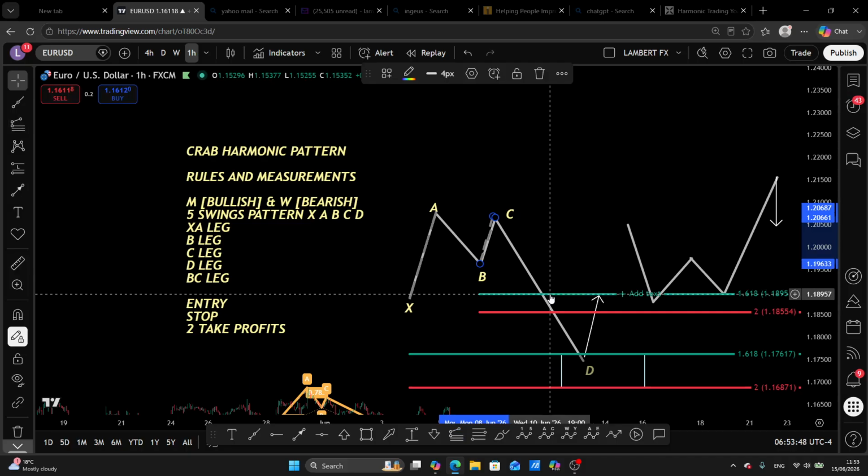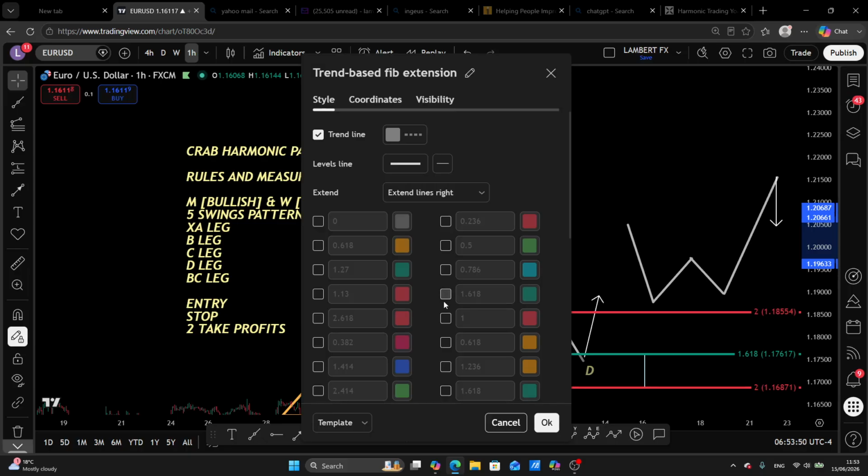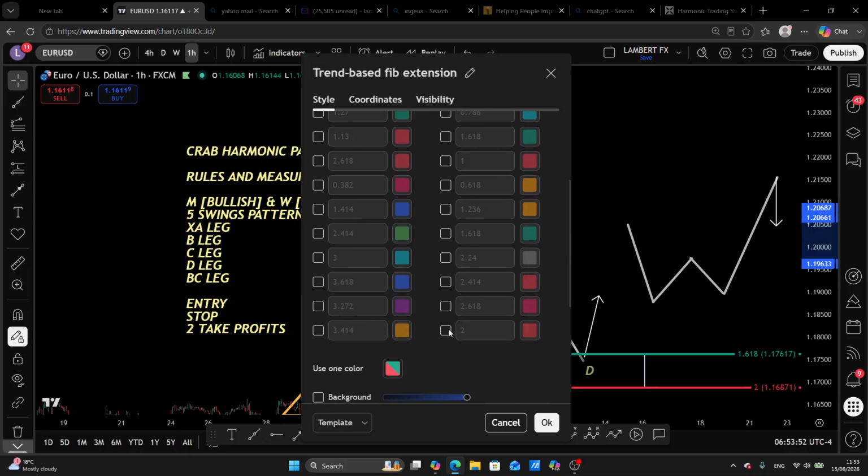So if I double click this now, I get rid of 1.618, I get rid of the 2. I need one of those numbers I just mentioned that comes close to 1.618 or closes below 1.618. Because as the market is coming down, I'm going to choose 3.272.